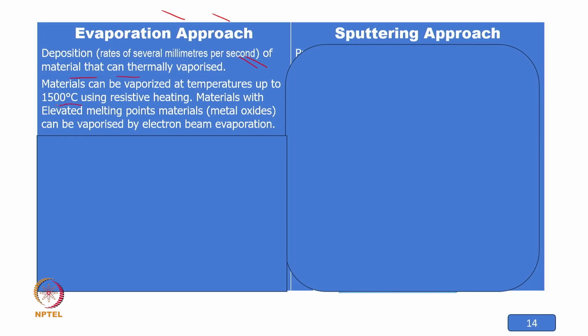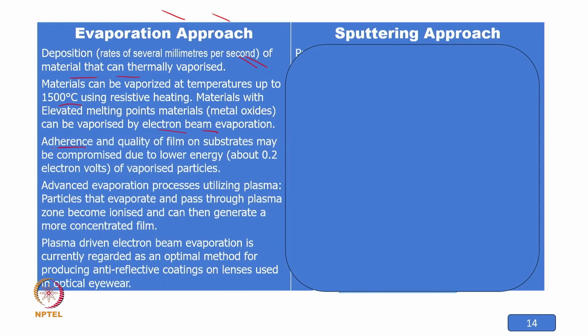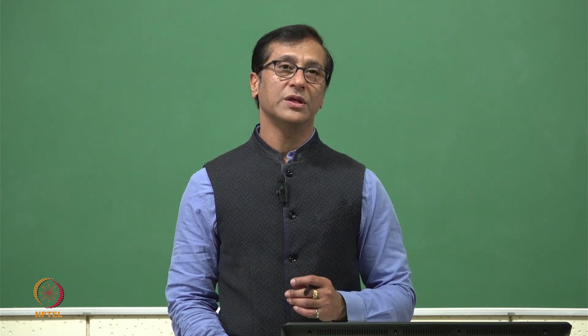Another point, as I mentioned, is that up to 1500 degrees it may not really require electron beam evaporation, but at high temperature we really require it. Another one, in this case, is that adherence of the coating on the surface is very good if we go for high energy. However, at low energy, particularly when it is only crucible related, they have found that the adherence will not be good. So that's why we are moving to sputtering coating, or we are going with electron beam coating.